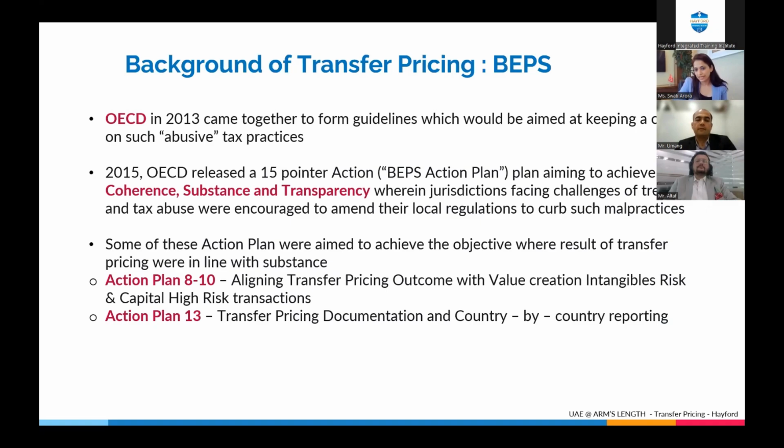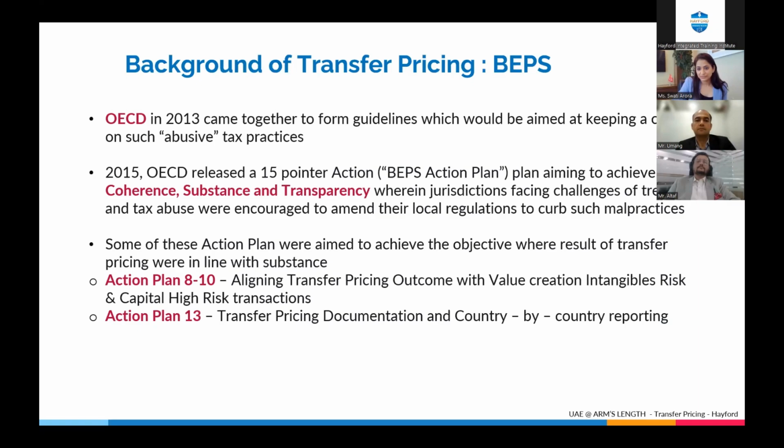Some of these action plans aimed to ensure the results of transfer pricing are in line with substance. Action plans 8 to 10 and action plan 13 were also introduced, whereby companies have started to do country by country reporting, and aligned the transfer pricing outcome with value creation, intangibles, risk, and capital and high risk transactions.